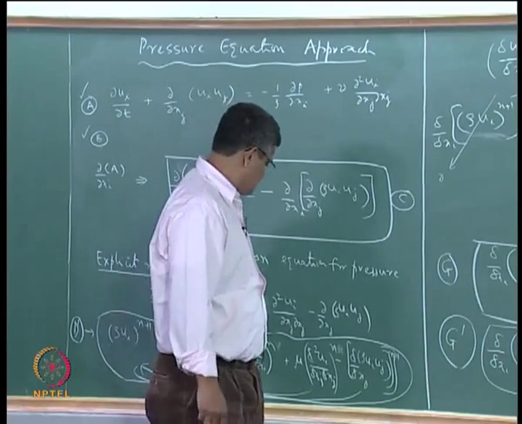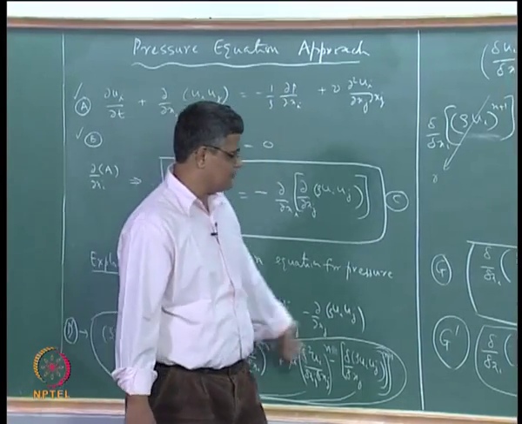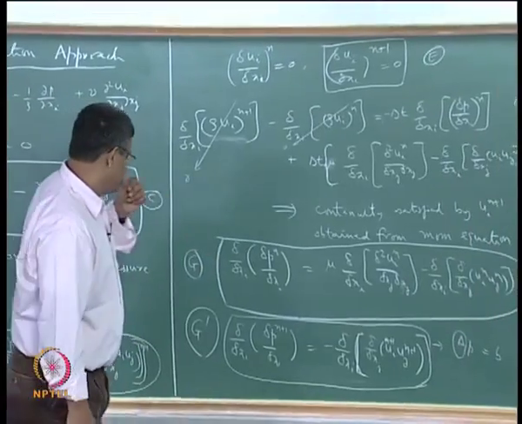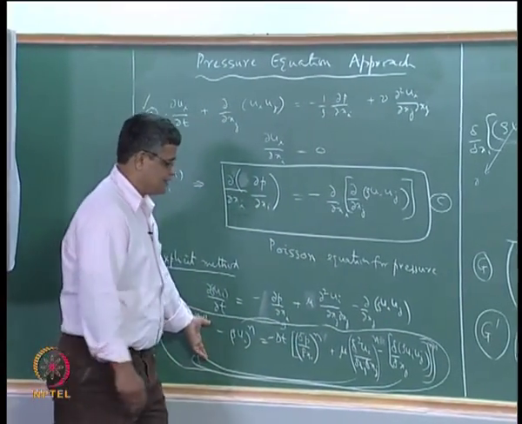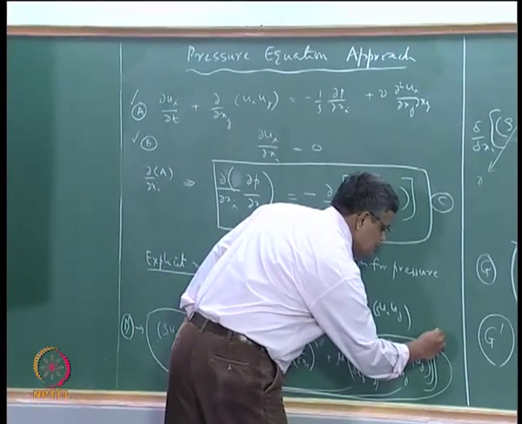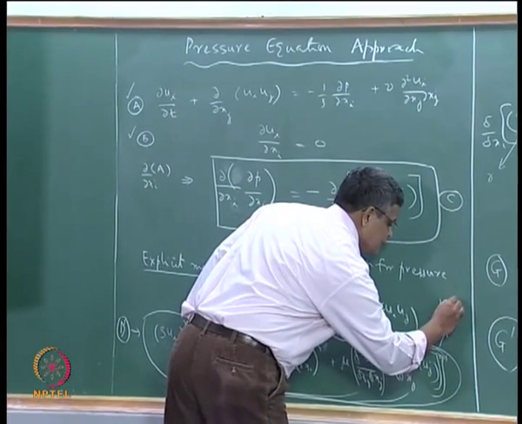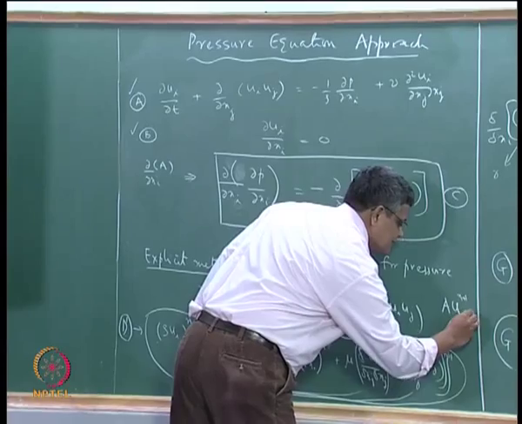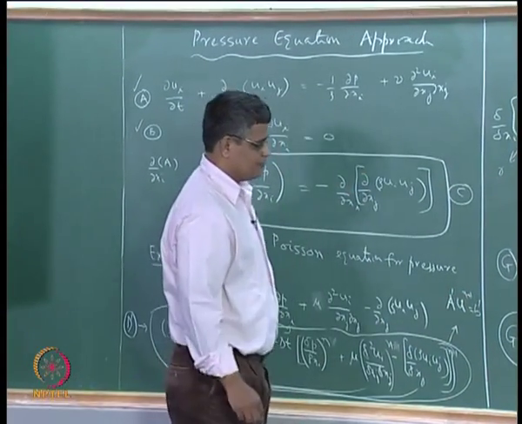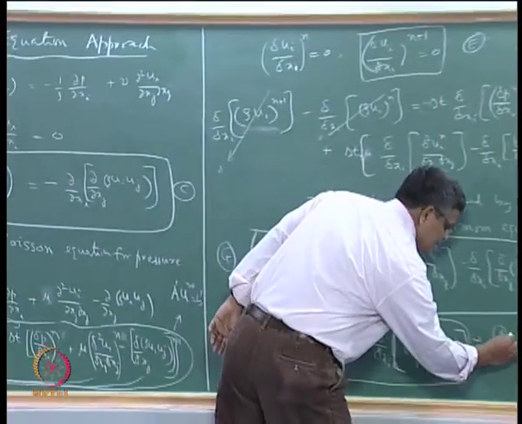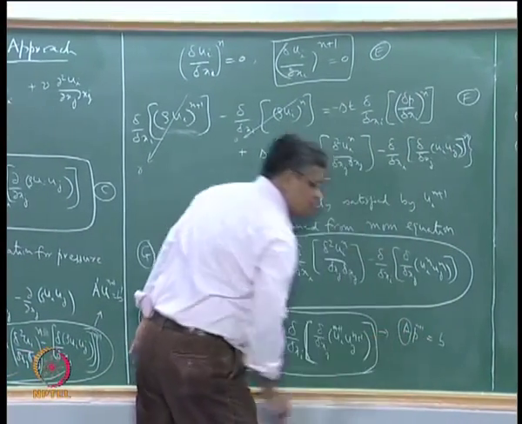The computational effort for this is very negligible compared to this, whereas in an implicit method we have to solve this as A u n plus 1 equal to, okay, A prime u n plus 1 equal to b prime, and we have to solve A p n plus 1 equal to b.